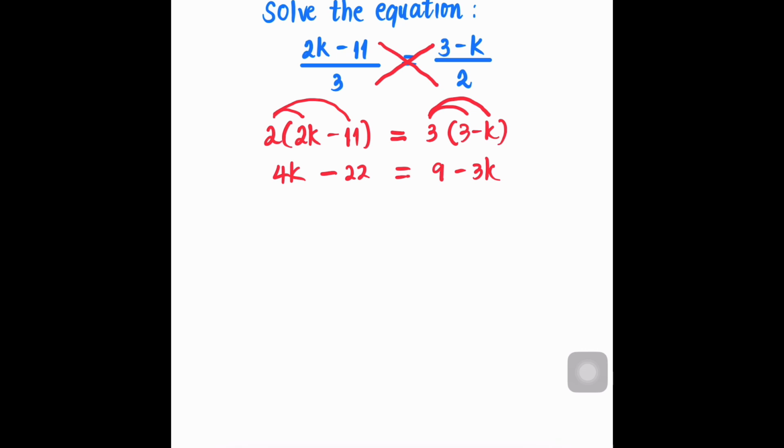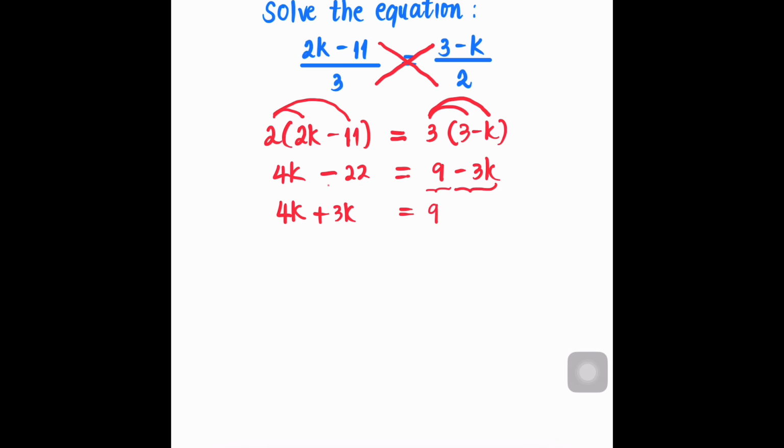And next step, we gather all the terms with k on one side. So we just put all the terms with k on the left. 4k is already on the left-hand side, so we don't do anything. However, we have negative 3k. That needs to jump over to the left-hand side. So from negative, it will become positive, so plus 3k. Now, all the constant terms on the right-hand side. 9 is already on the right, so we just simply copy it.